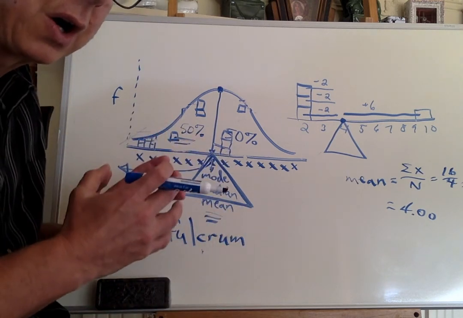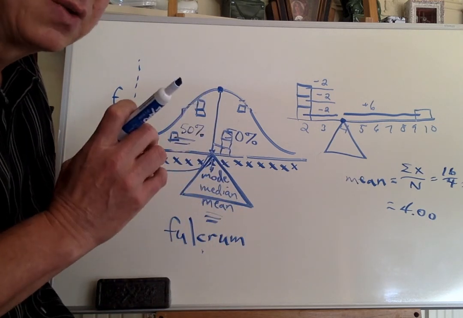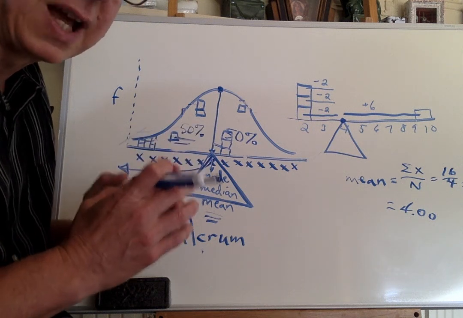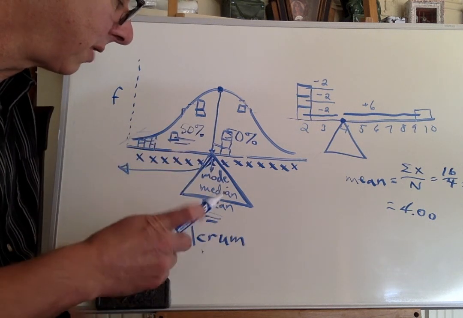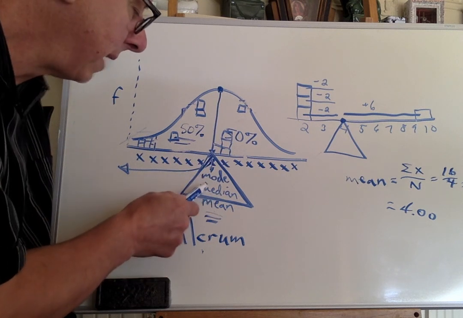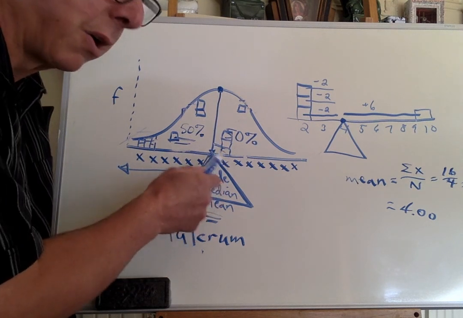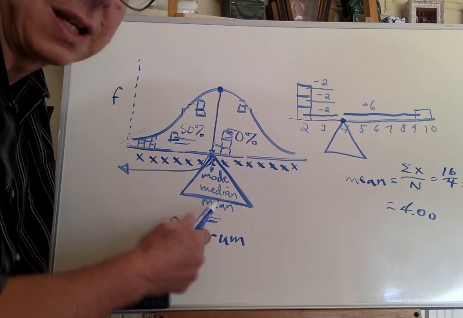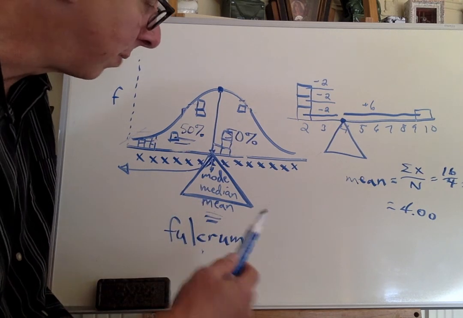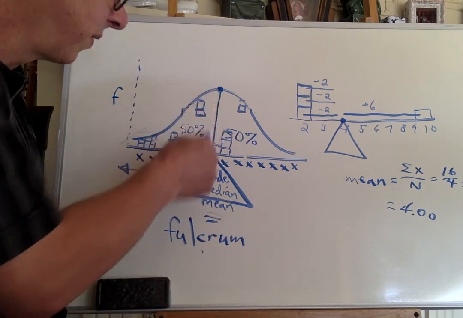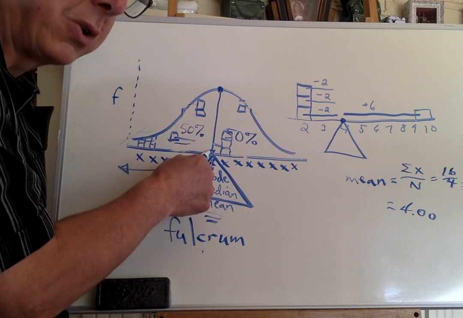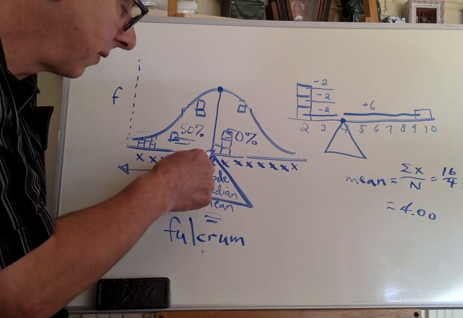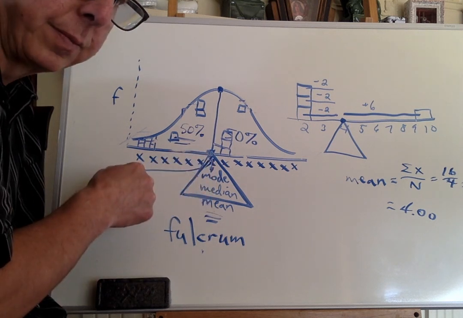But these are our 3 what are called measures of central tendency. This is chapter 3. These are measures of central tendency: mean, median, and mode. In the next video, I'll talk about those more. The mode is the most frequent score. The median is the place in the distribution where 50% of the scores fall at or below.